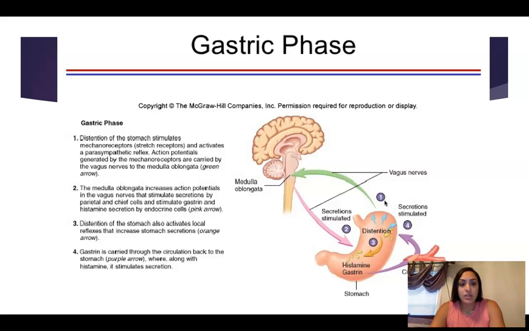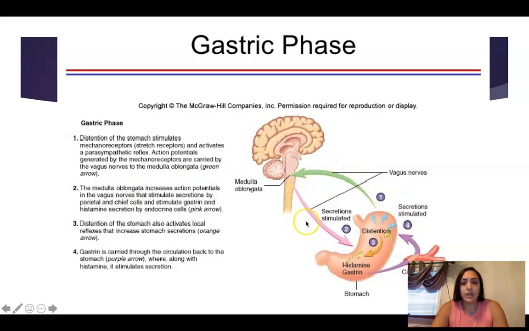Those action potentials generated by the mechanoreceptors are carried by the vagus nerves to the medulla oblongata, which is the green arrow. The medulla oblongata is located in the brainstem, and it sends signals throughout our body to initiate what responses we would take in our system.